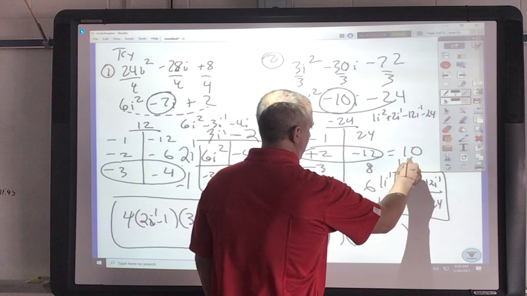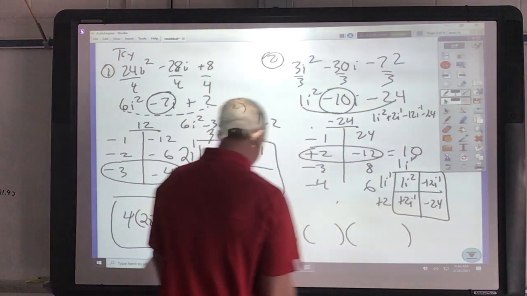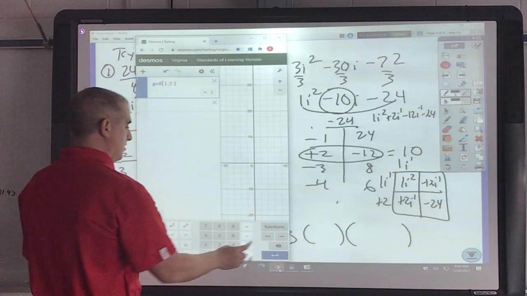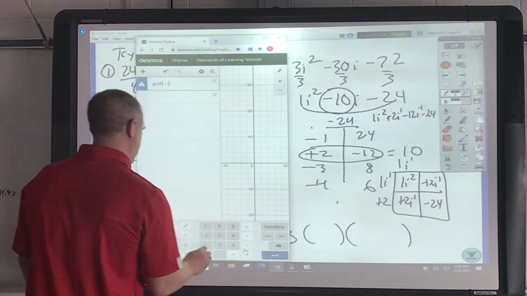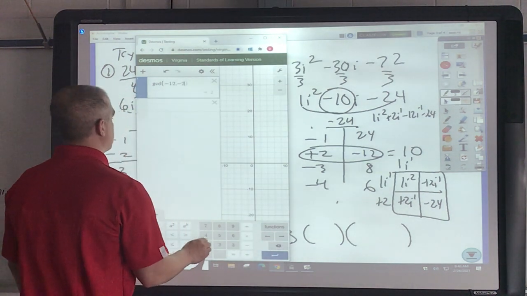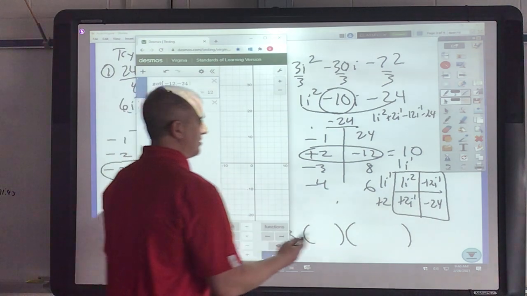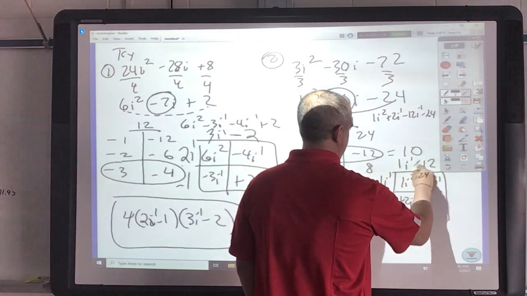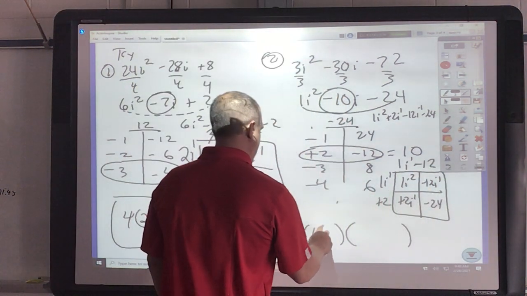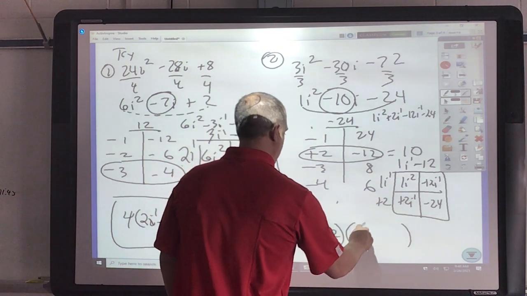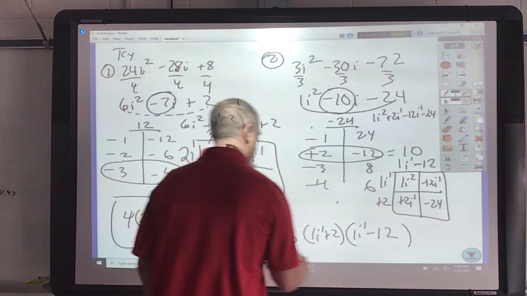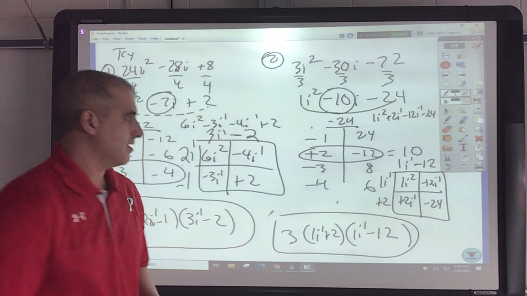They both have an i, so i to the first. And then I got negative 12 and negative 24, so it's 12, and since there's a minus here, minus. So I got 1i plus 2, 1i minus 12.